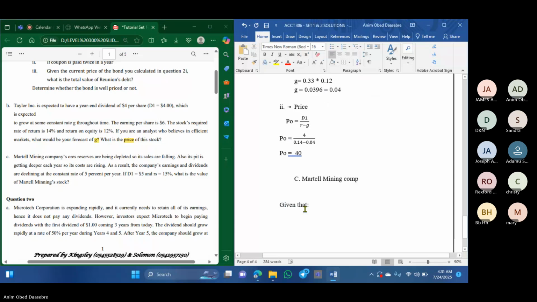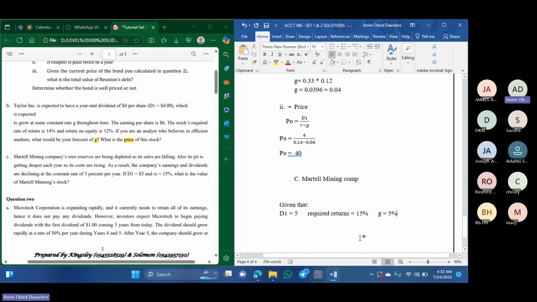D1 equals 5. Required return equals 15%, and we have growth also equals 5%. So we need to find the price.